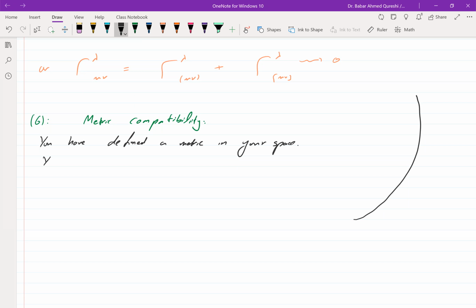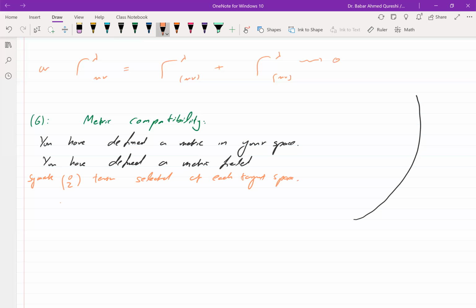So you have defined a metric field. What does that mean? That means you have a symmetric 0 to tensor selected at each tangent space. You've already done this job. You have selected this guy at each point.